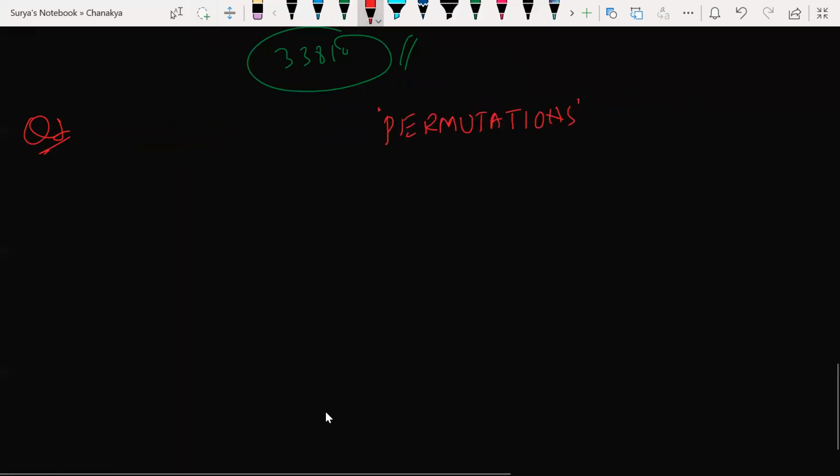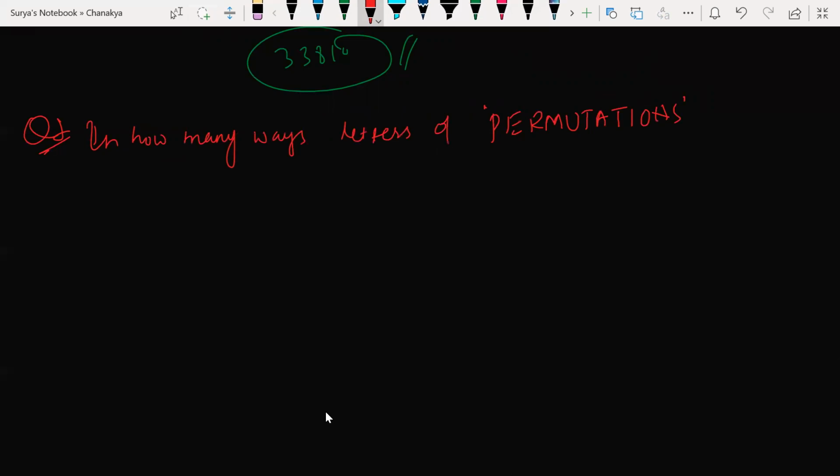The question is, in how many ways can the letters of the word permutations be arranged if words begin with P and end with S? Make it fast. Solve this question.